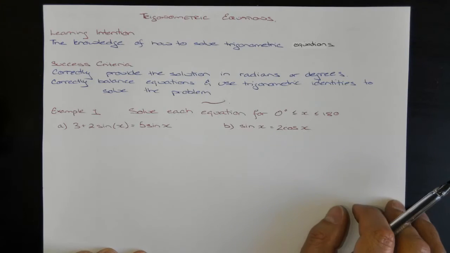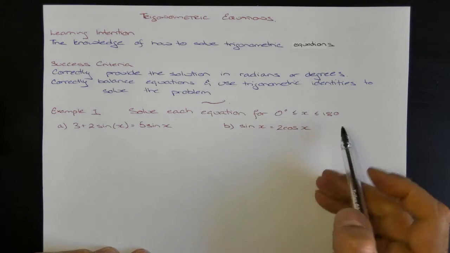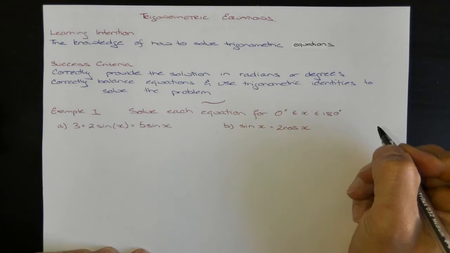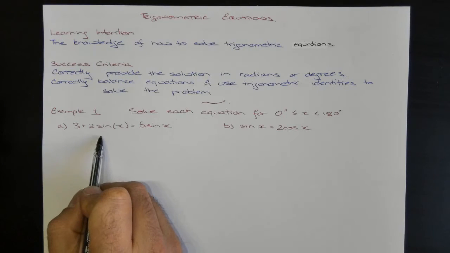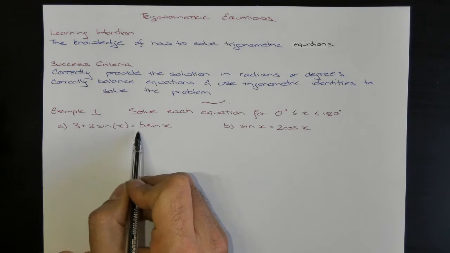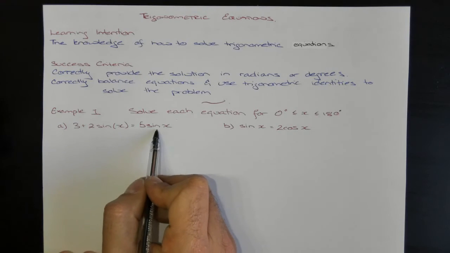Okay. Here's the first example. We want to solve each equation from 0 to 180 degrees. I've got 3 plus 2 sine x equals 5 sine of x.